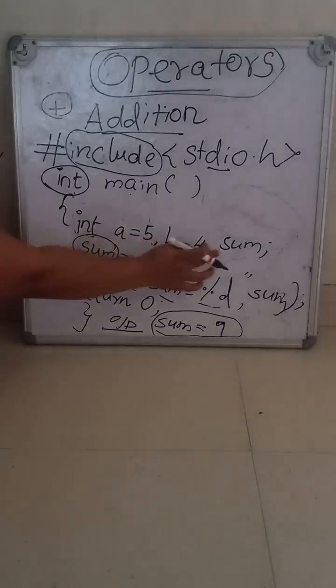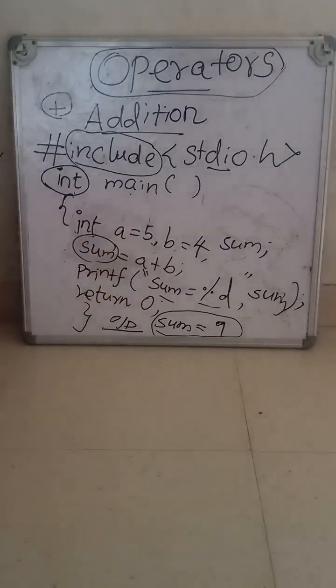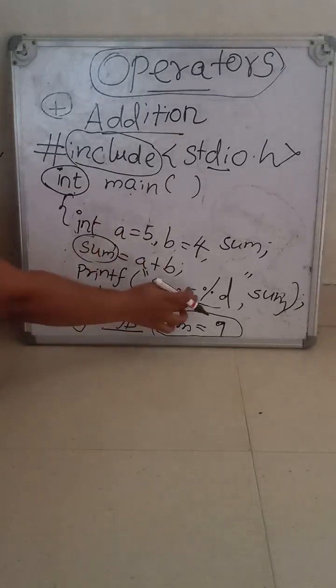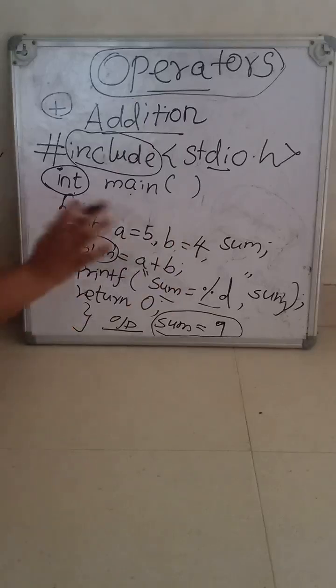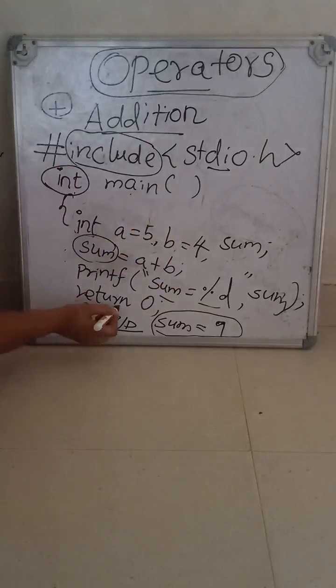I have declared both, and here I have specified the operation that I am going to do. After that I will print the value which I have added, that is sum is equal to %d comma sum. Okay, here I have given int, so I have given the return 0 statement. So the output I will get is sum equal to 9.